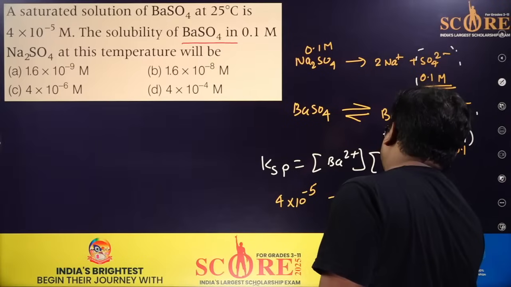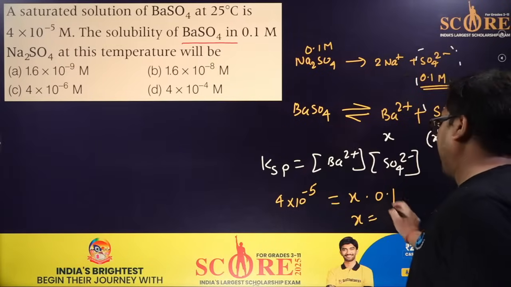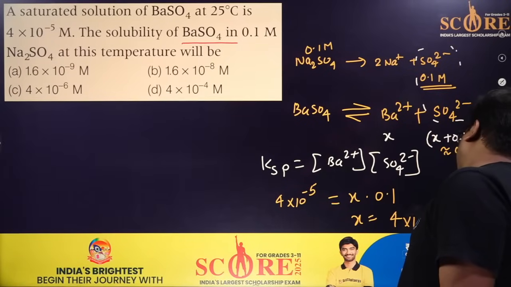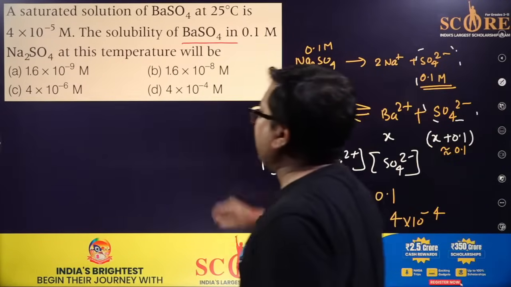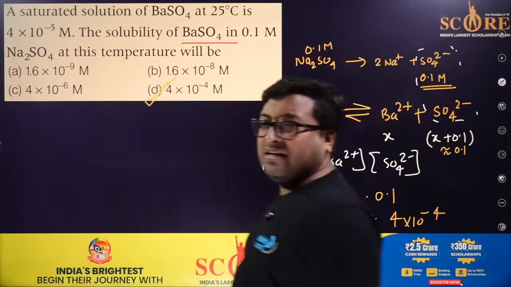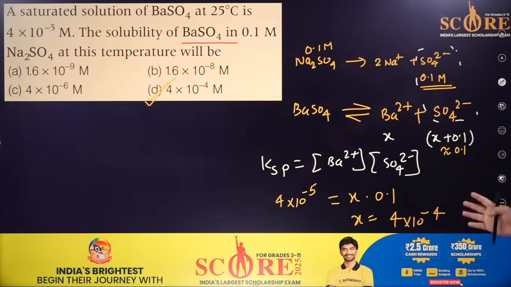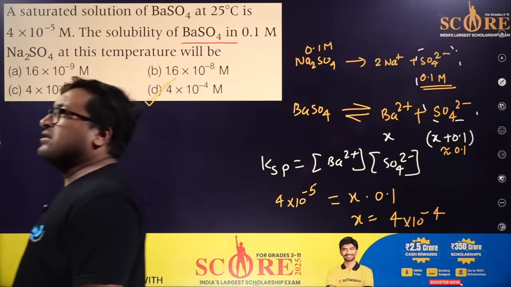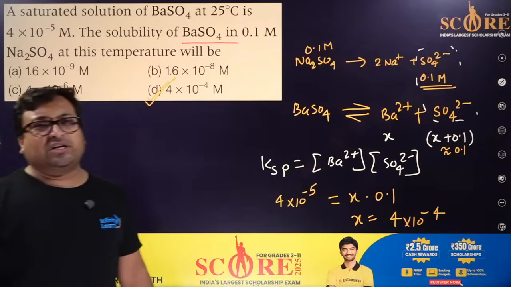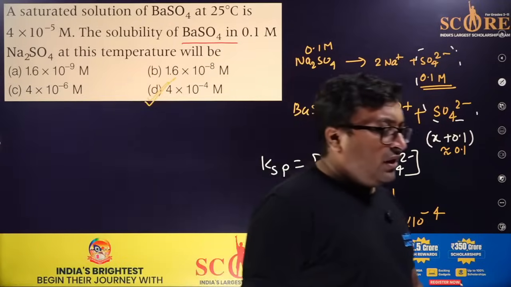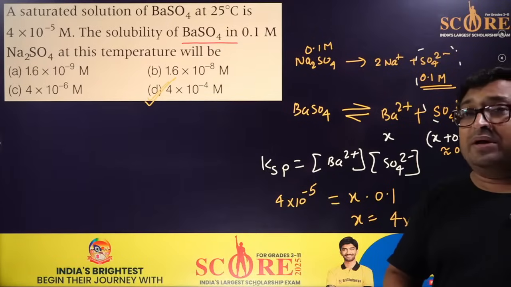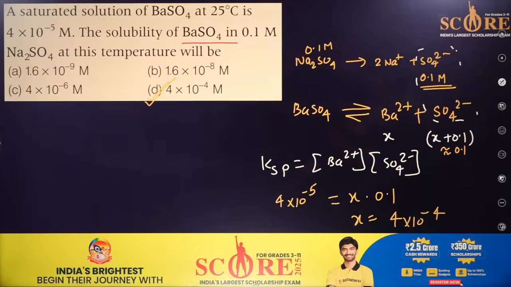So X becomes 4 into 10 to the power minus 4. So the solubility is D, not B. I think you made a mistake in this question. This question uses the concept of solubility of sparingly soluble salts under the common ion effect.